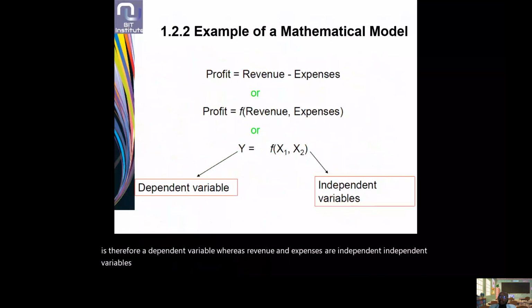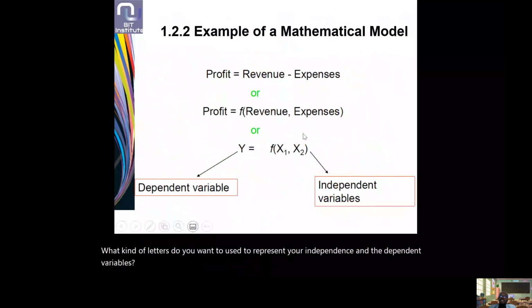Obviously, these concepts can be represented using letters such as X1, X2, or X and Y, or A, B, C. The choice typically is up to the modeler. What kind of letters do you want to use to represent your independent and dependent variables?